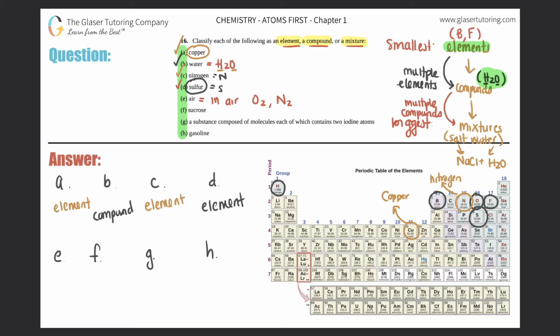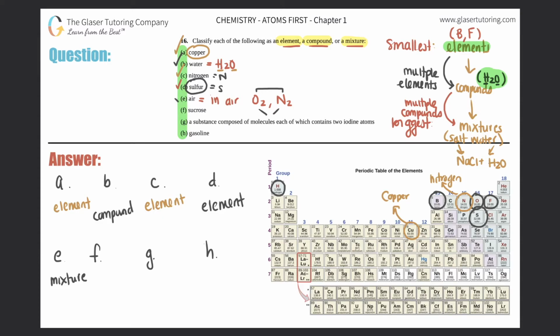In this case, there's two separate things that came together. So it can't be an element because there's oxygen and nitrogen. Can't be a compound because they're not specifically together. They're two separate entities that came together. So this has to be a mixture. Two or more molecules came together to form air.